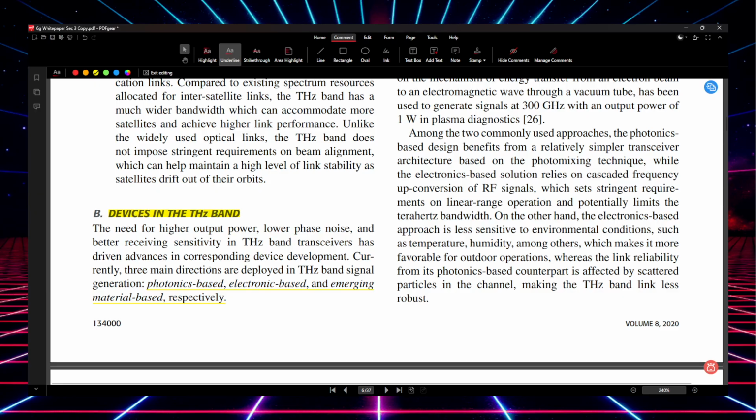The 3 main directions are deployed in terahertz band signal generation: photonics-based, electronic-based, and emerging material-based respectively.